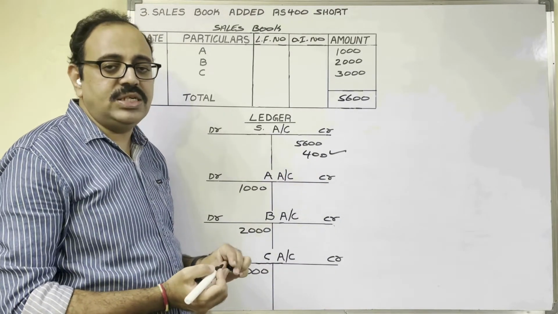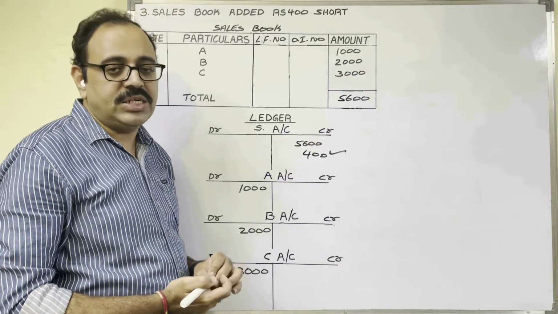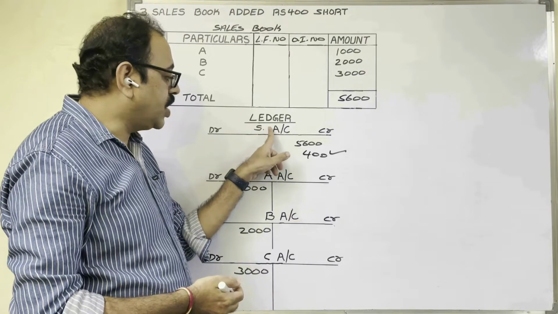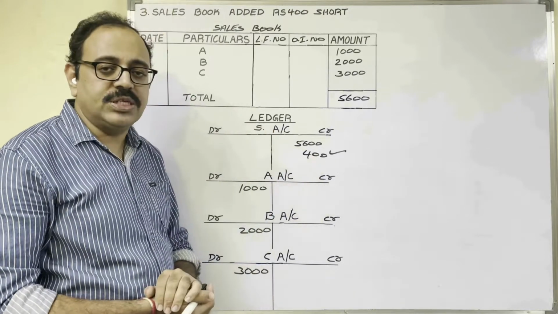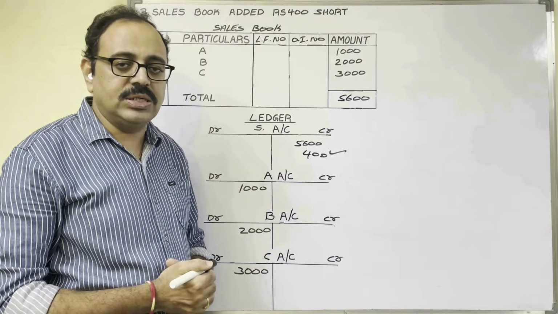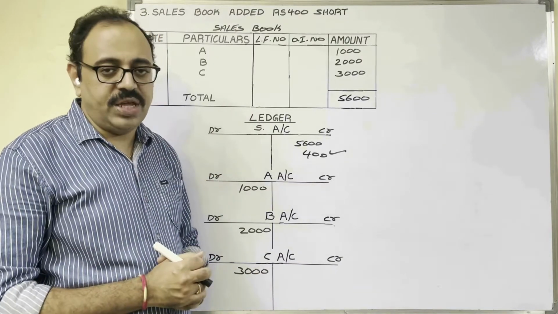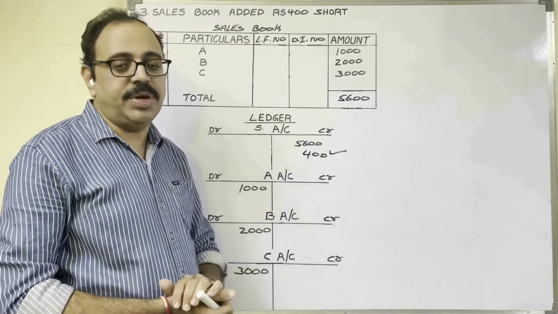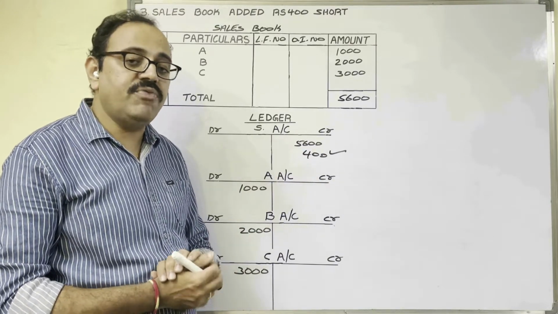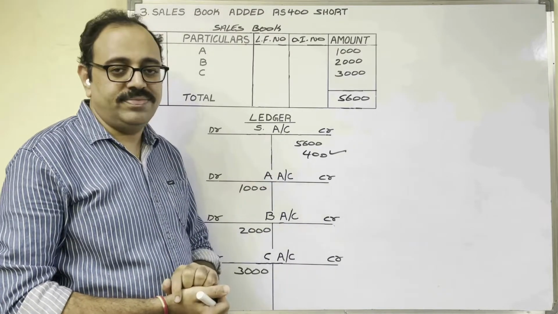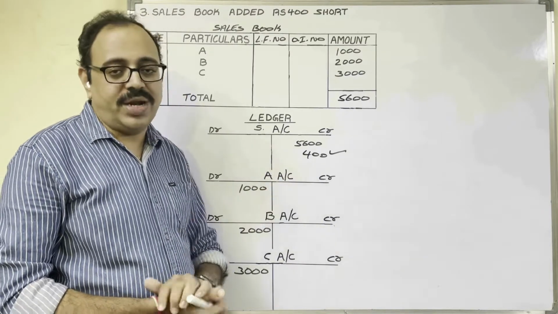If you are rectifying this error before preparing trial balance, write down a sentence: Credit sales account with 400 rupees. If you rectify this error after preparing trial balance, then write down the journal entry. Sales account should be credited now. We should debit suspense account. Then rectification of error entry is suspense account debit to sales account, amount 400, 400.